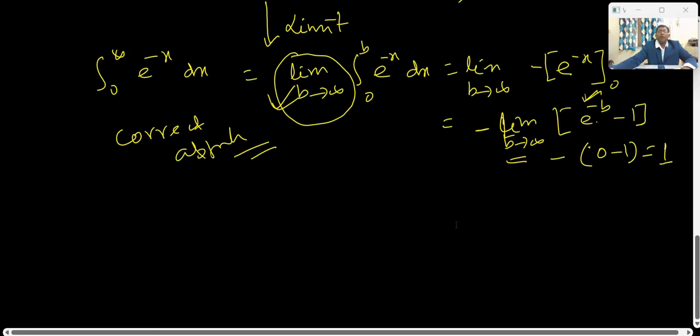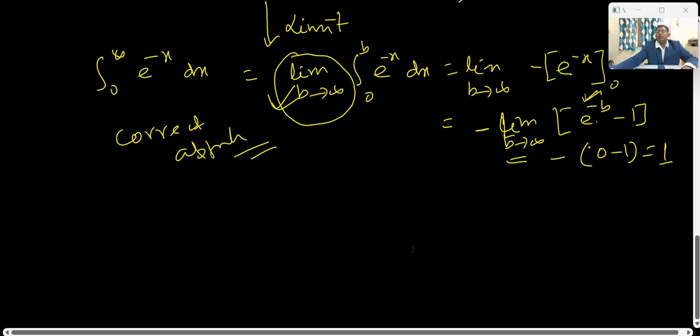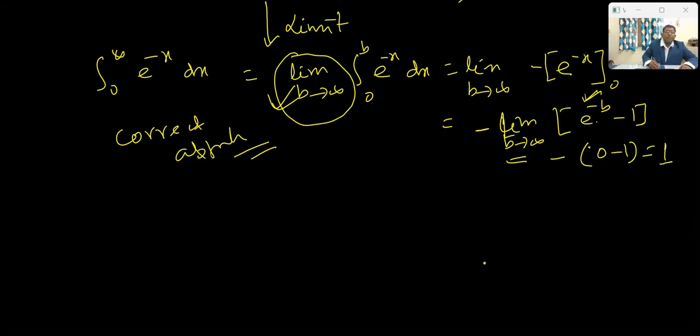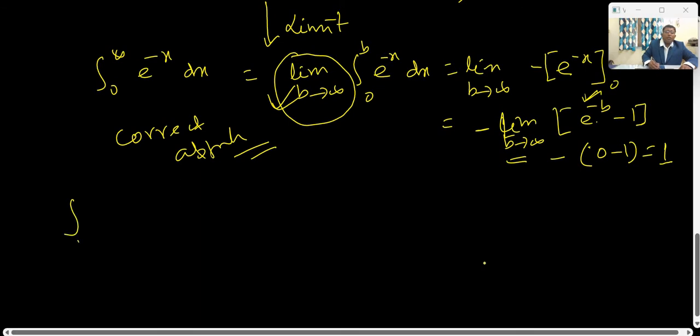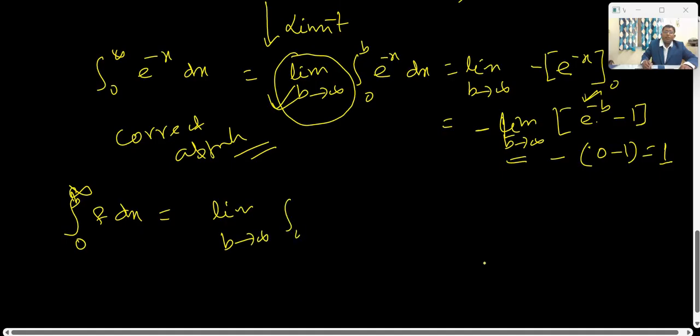So this definite improper integral can be handled by using the limit concept. Similarly, the integral from 0 to infinity of f dx is equal to the limit as b tends to infinity of the integral from 0 to b of f dx.